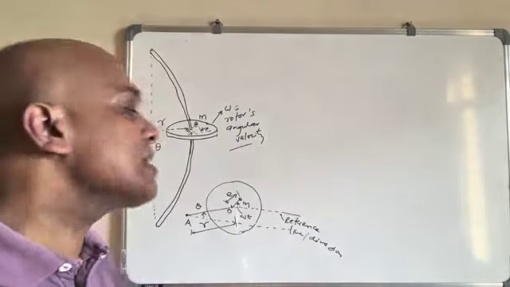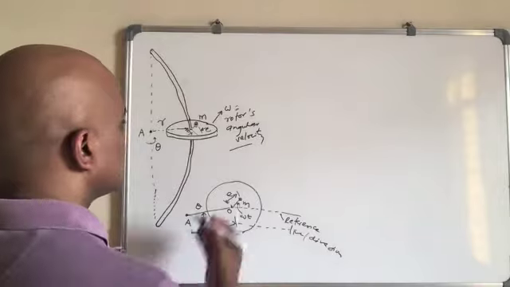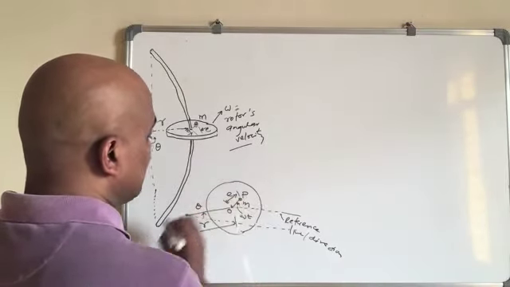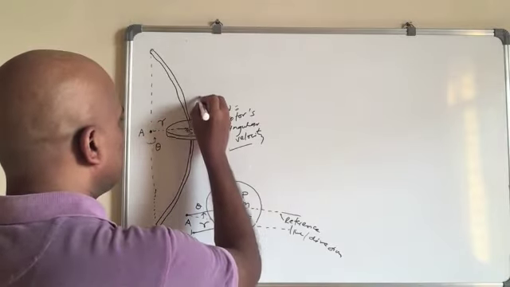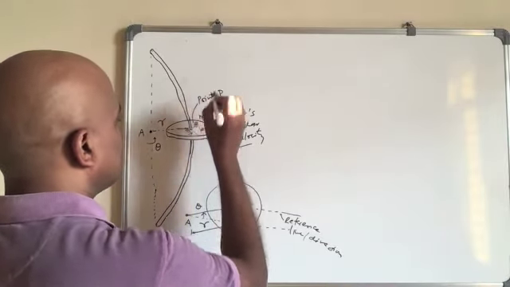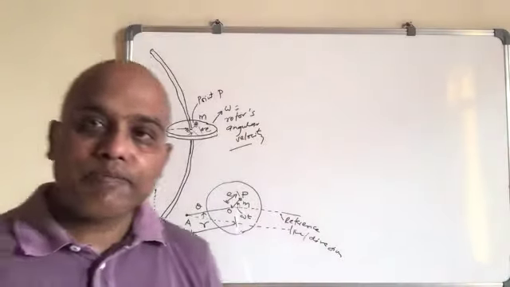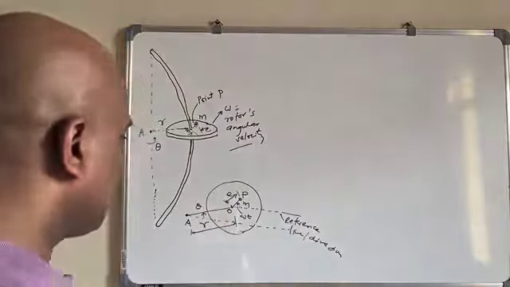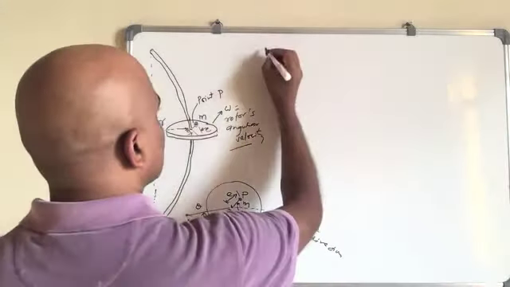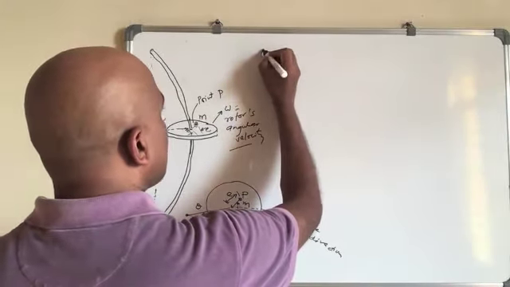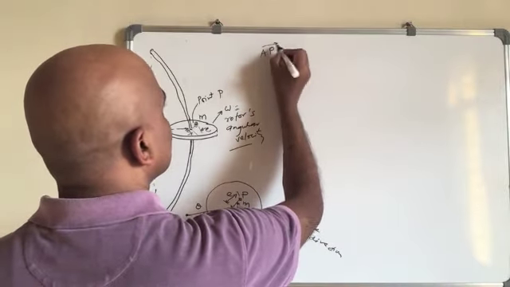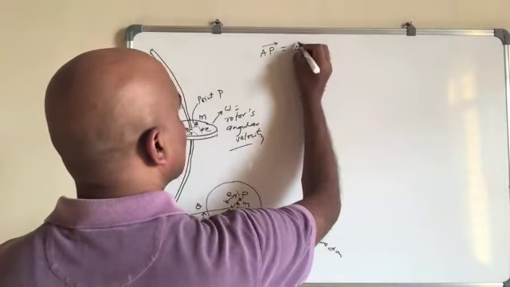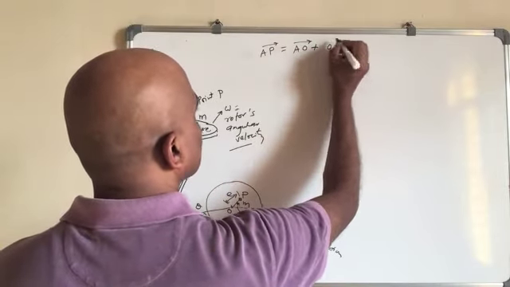Since we have to find out the equation of motion, so let's say the point where this mass m is, is point P. Okay? So this is the point P. Now, as you studied in the theory of machines, vector AP will be equal to vector AO plus OP.